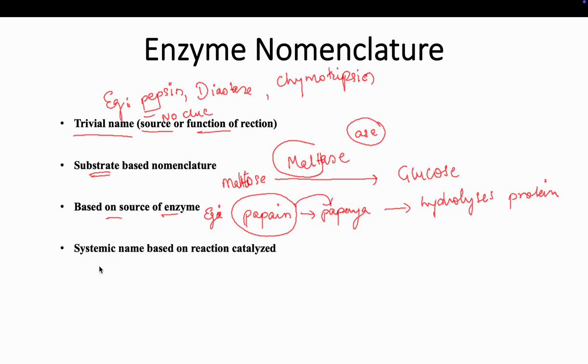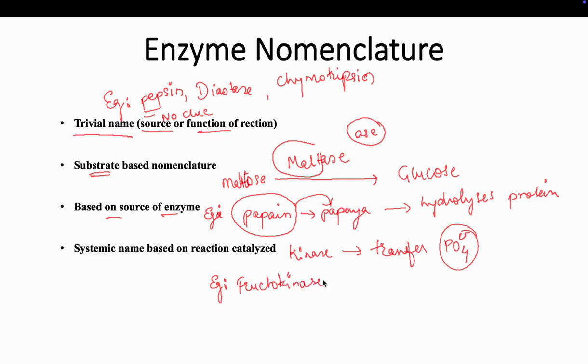Similarly, there are systematic names based upon the reaction they catalyze. For example, if they are catalyzing a kinase reaction, what is a kinase reaction? That is the transfer of phosphate groups. Let's take an example of fructokinase.